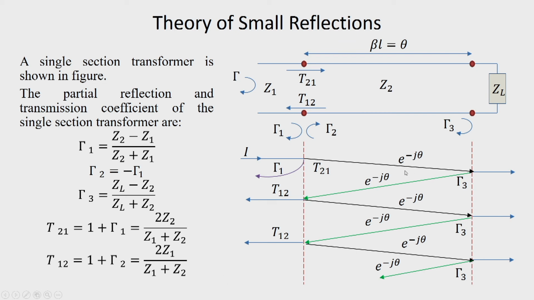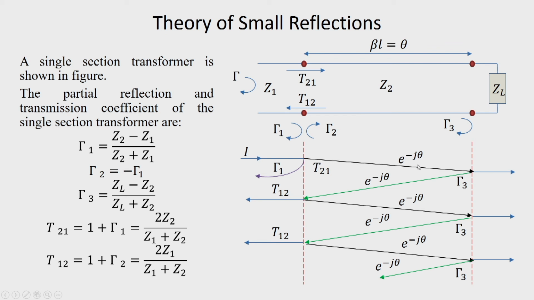Now, let us consider here, suppose a wave of unity magnitude is incident here. Then as it first time reaches this interface, we will have gamma 1 as the reflected wave and T21 is the transmitted one.